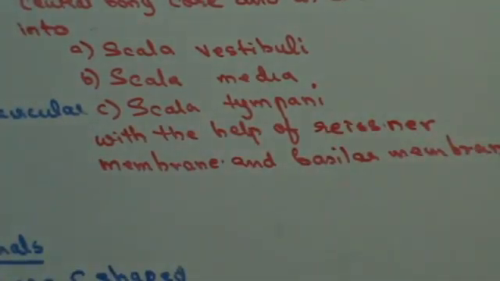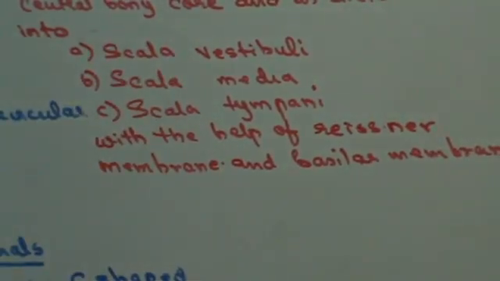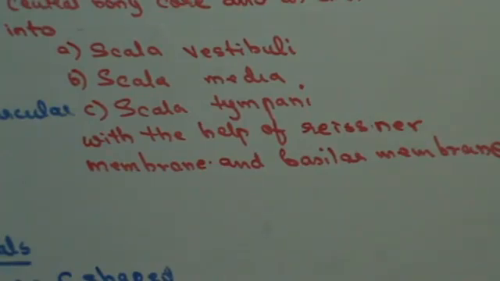So you would have 2 3/4 rounds made around these bony structures with the help of the Reissner membrane and basilar membrane. Fine, do we get this here?